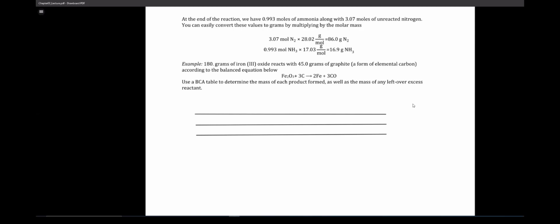Carbon is 12.01 grams per mole. Iron is 55.85; just look it up on the periodic table. Carbon monoxide is 12.01 plus 16, which is 28.01.